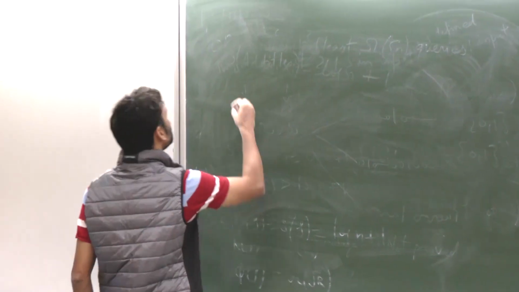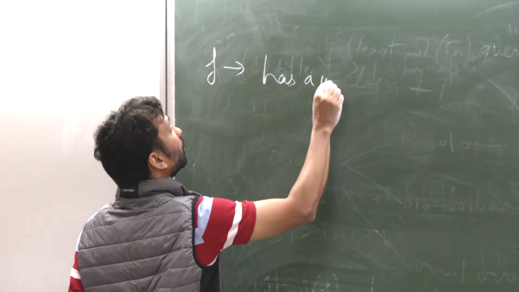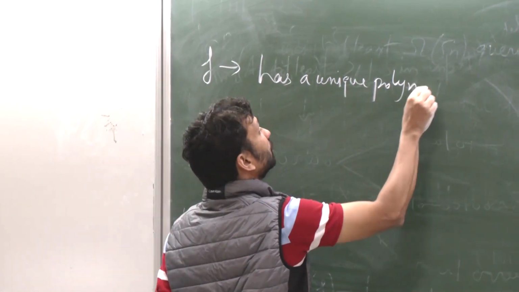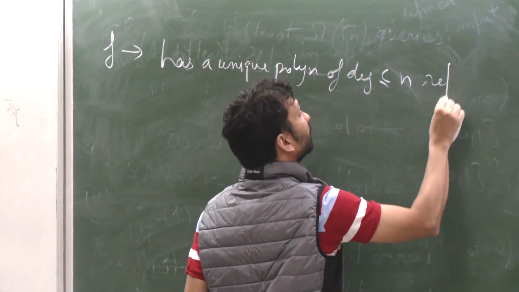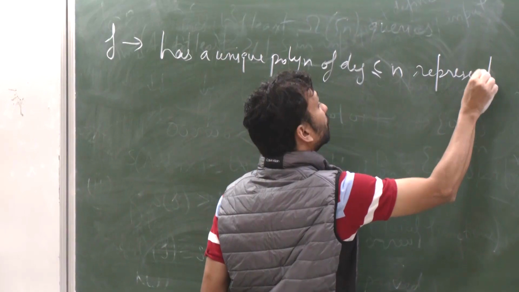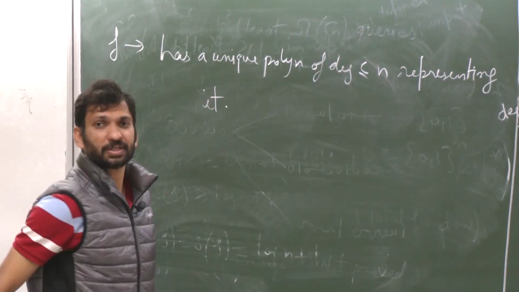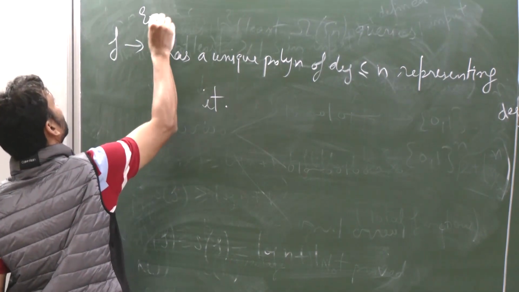You can also show that every function has a unique polynomial of degree less than or equal to n. I give this as an exercise.